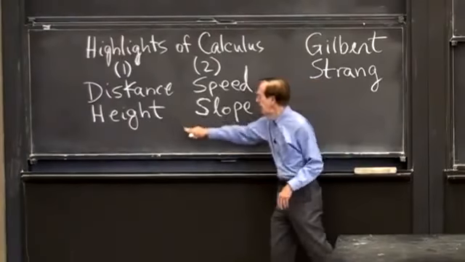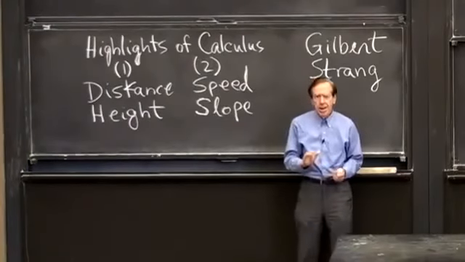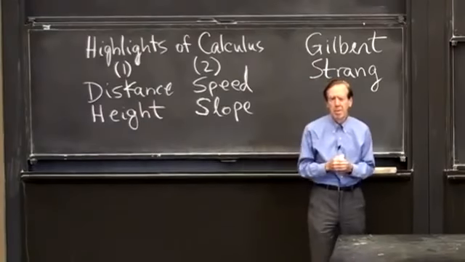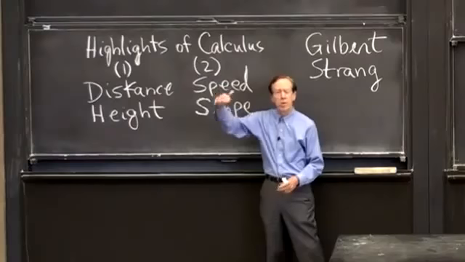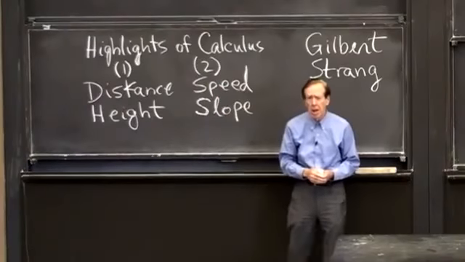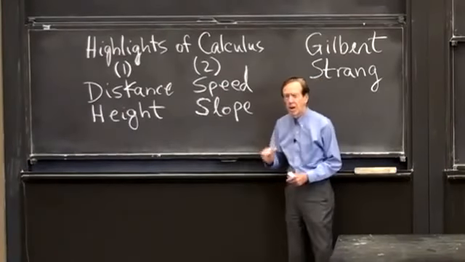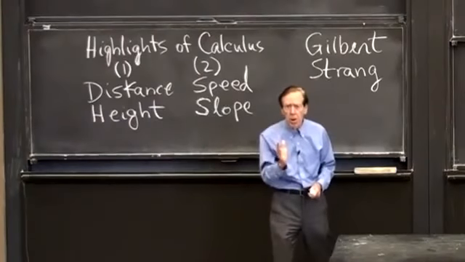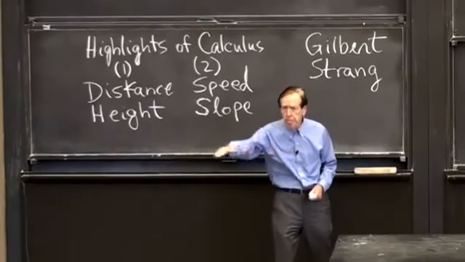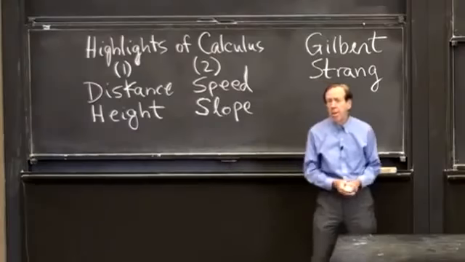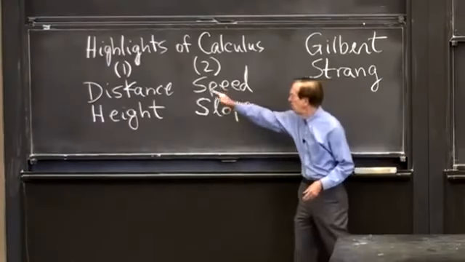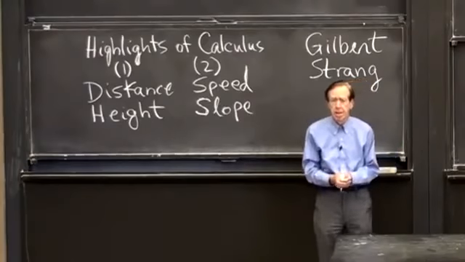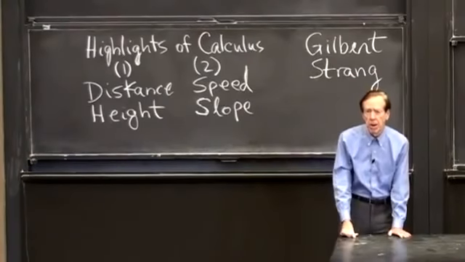And then the other one tells you how fast you climb. The height tells how far you climbed. It could be a mountain. And then the slope tells you how quickly you're climbing at each point. Are you going nearly straight up, flat, possibly down? So distance and speed, height and slope will serve as good examples to start with.